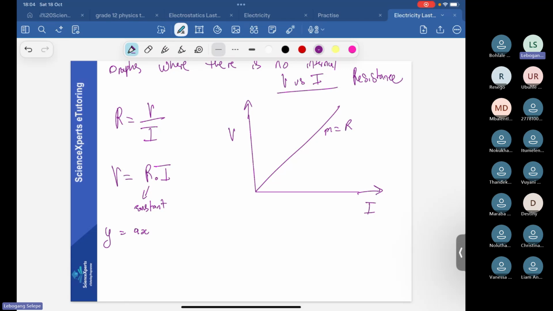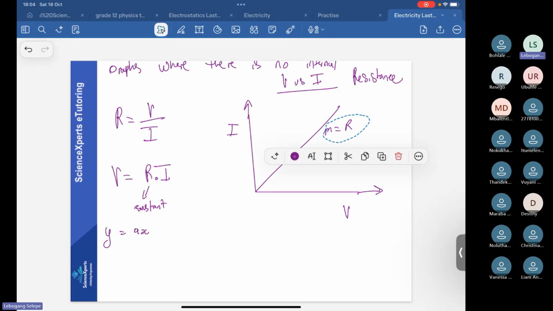But in the exam, they can switch the variables around, take V and put it here, then take I and put it here, right? What would the gradient represent now?